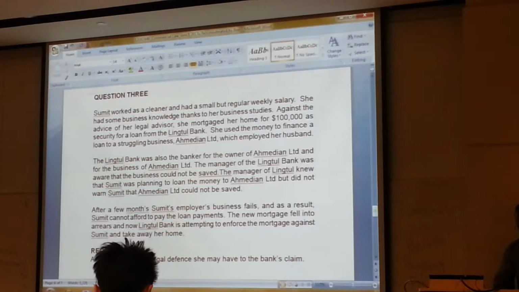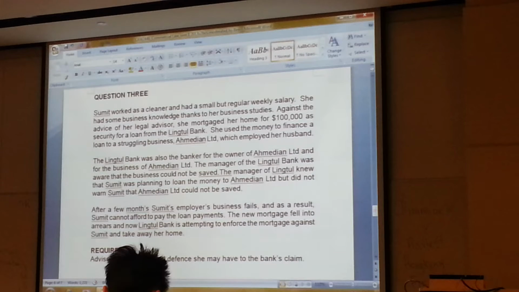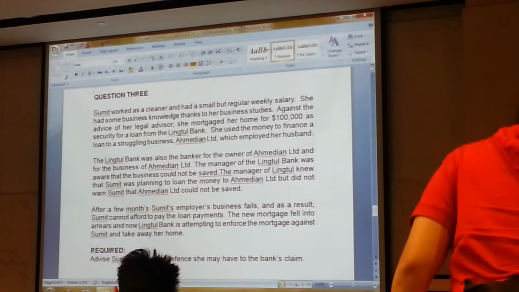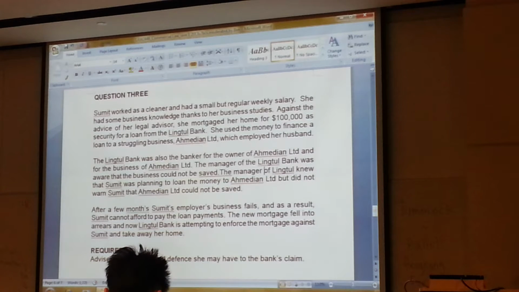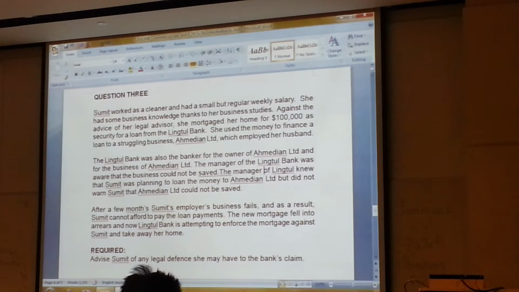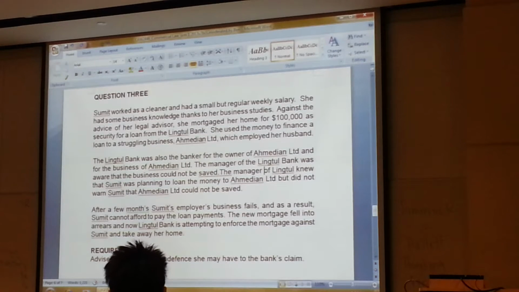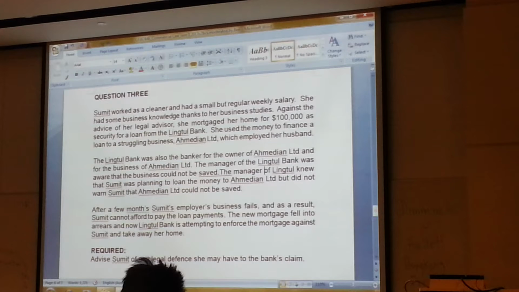Which area of law is the question about? Anyone? Which area of law is this?